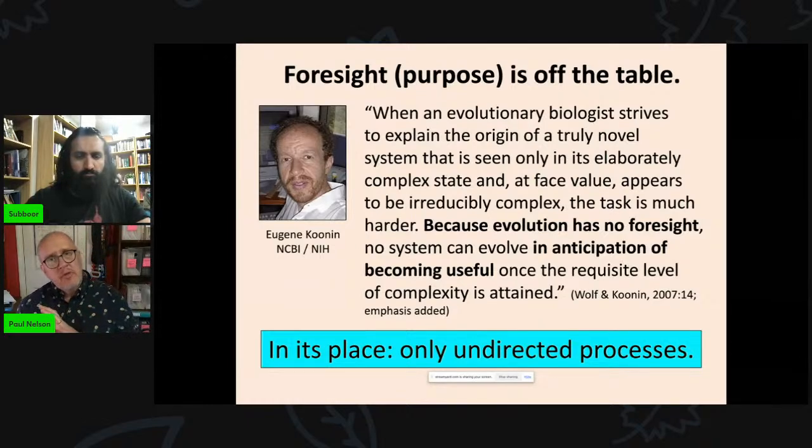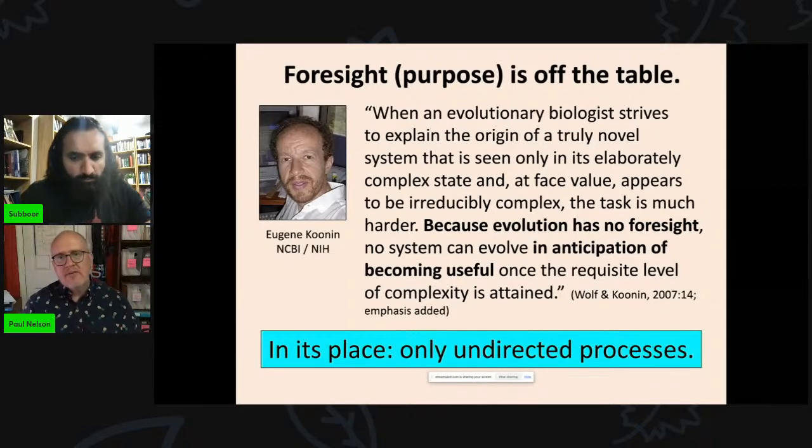The majority opinion of pre-Darwinian biology and natural history was that purpose and foresight were real causal forces bringing about eyes, ears, limbs, brains, guts, and so forth, the adaptive complexity of life. And with the Darwinian revolution, foresight, purposeful action is taken off the table. It's no longer a viable cause.